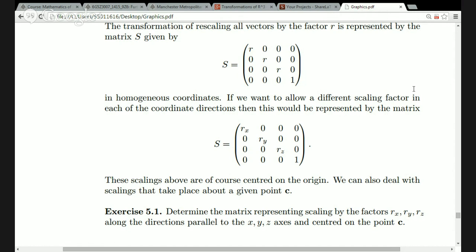So this is the matrix that will scale everything by the factors Rx, Ry, Rz, the scaling factors in the directions parallel to the X, Y, and Z axes. But C will be the fixed point. If those scaling factors are less than 1, it'll be shrinking everything back towards C as the center. If the scaling factors are bigger than 1, it'll be expanding things out from the fixed point C.